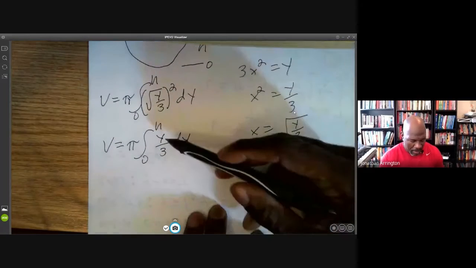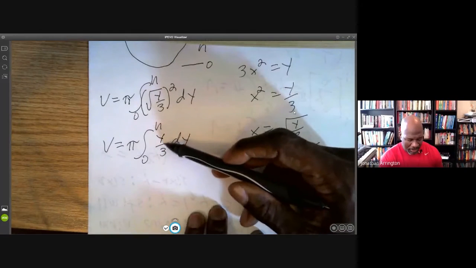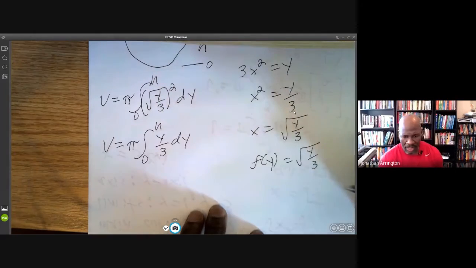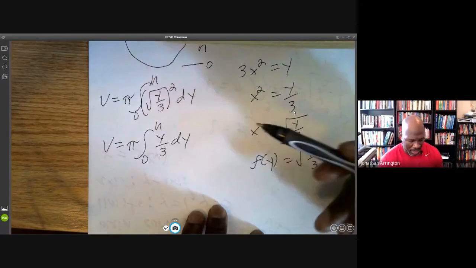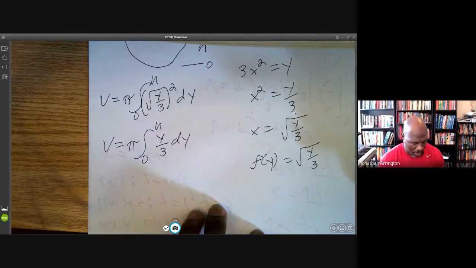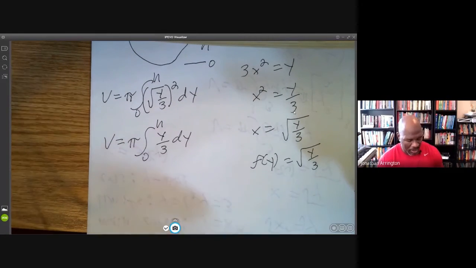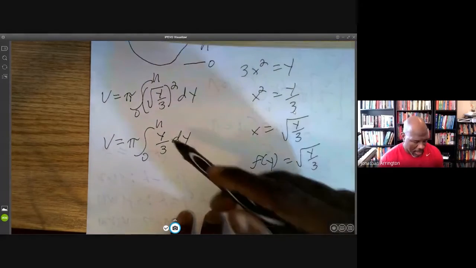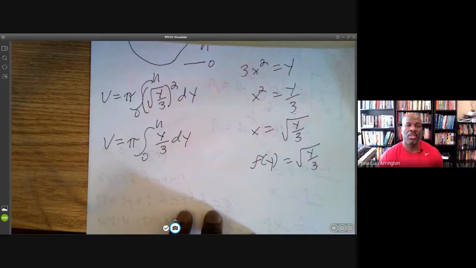Now sometimes students get confused when integrating a function like this, where it's really just a function over a constant, which really means 1/3 is just like a coefficient. In fact, I can factor the 1/3 out of the integral if I wanted to. I'm not going to, but you should understand that that's just a coefficient of y. The integral of y, of course, is y squared over 2.